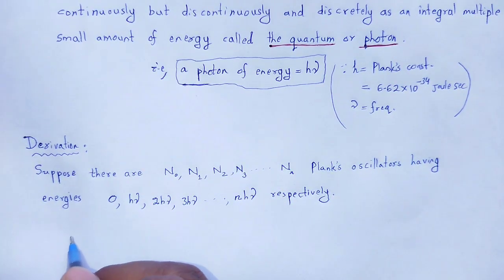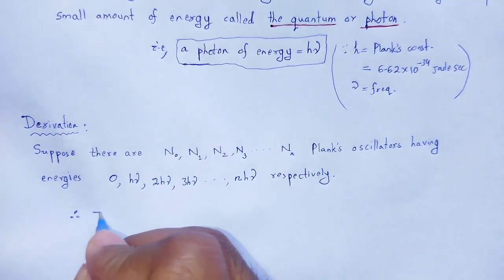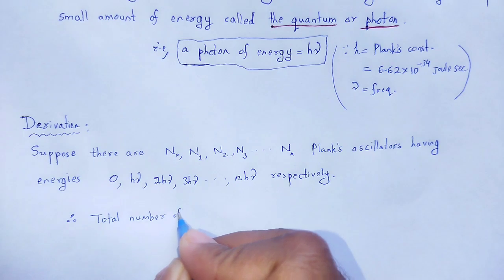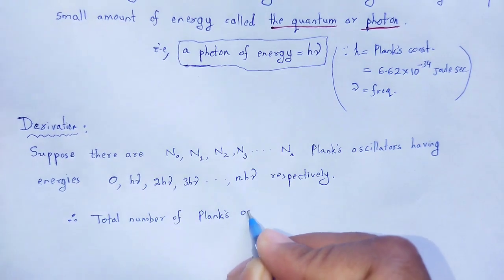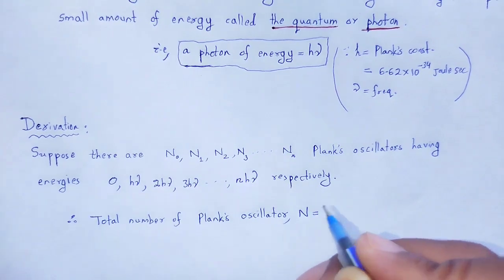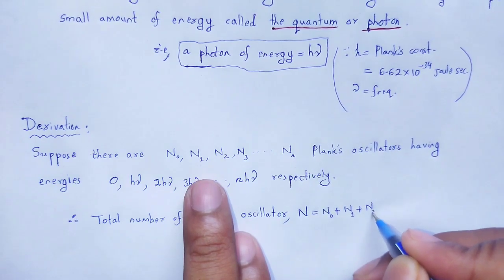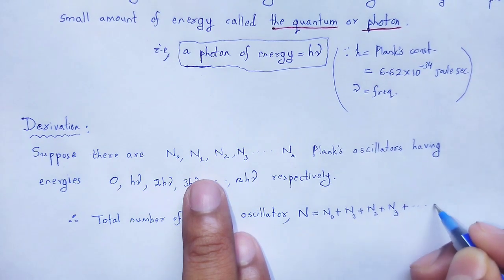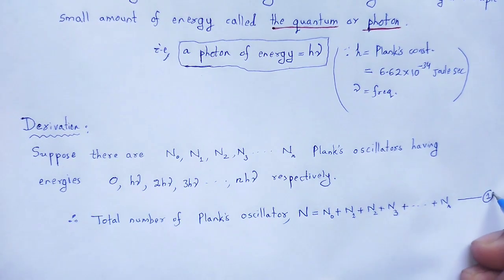Therefore, the total number of such Planck's oscillators, let N, is equal to N0 plus N1 plus N2 plus N3 up to Nn, equation number 1.